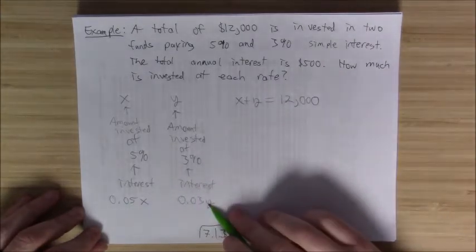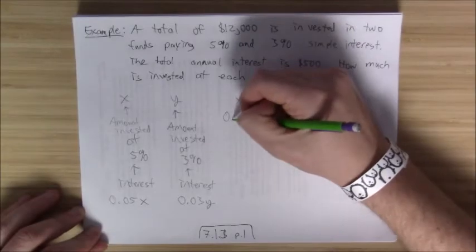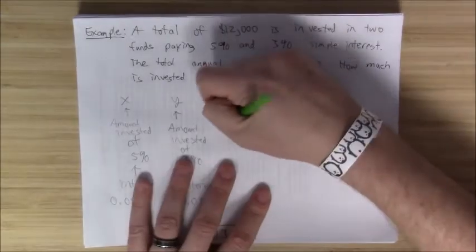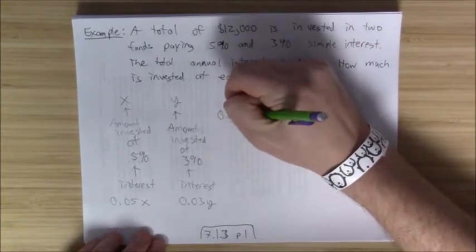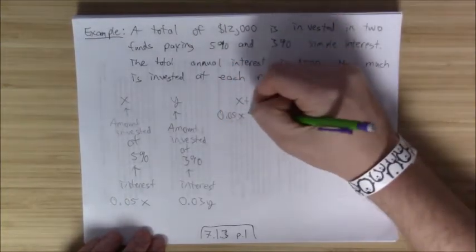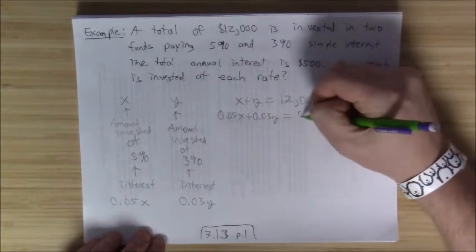So in total, we know the total interest is 500, so that means 0.05x plus 0.03y is going to equal 500.